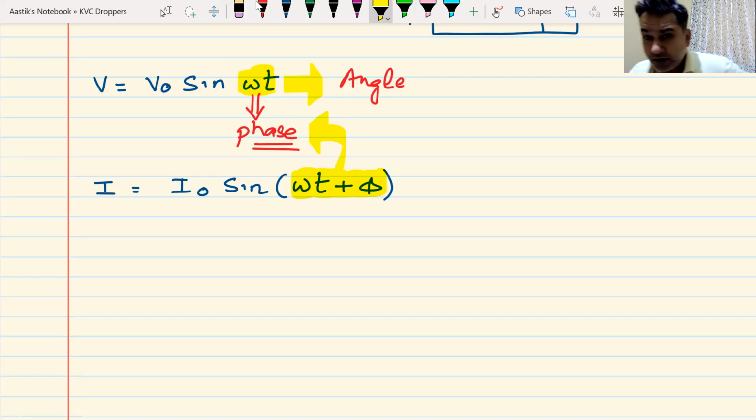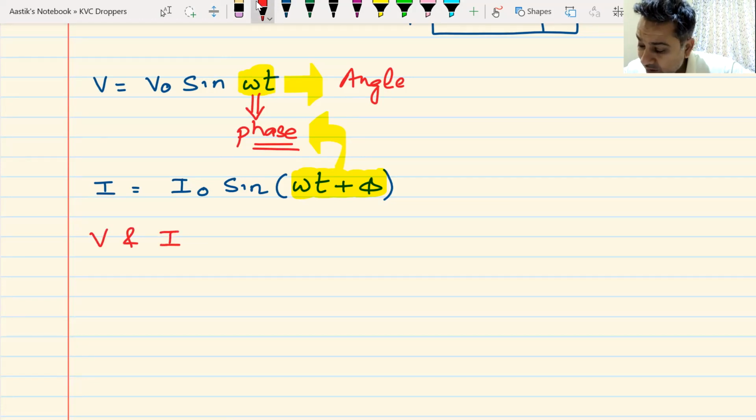Yes, sir. Now, if I compare the two phases, phase, not face, are they the same? One is omega t, another is omega t plus phi. Are they same? They are not same. Yes or no? Yes, sir. Phi is extra.